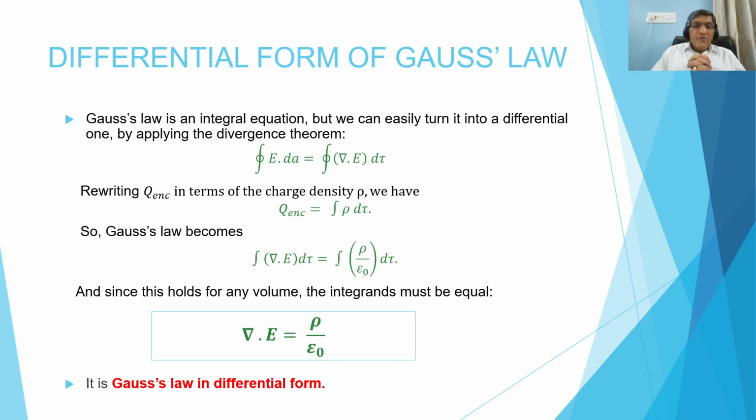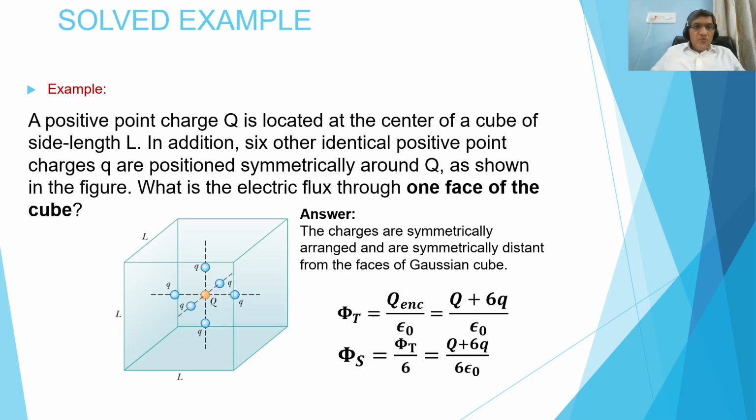Basically, the statement of Gauss law is the integral of E dot dA equal to Q enclosed upon epsilon naught, and with the divergence theorem and the Q enclosed formula, we come to del dot E equal to rho upon epsilon naught as the differential form of Gauss law. Now move further. So here is an advanced example.